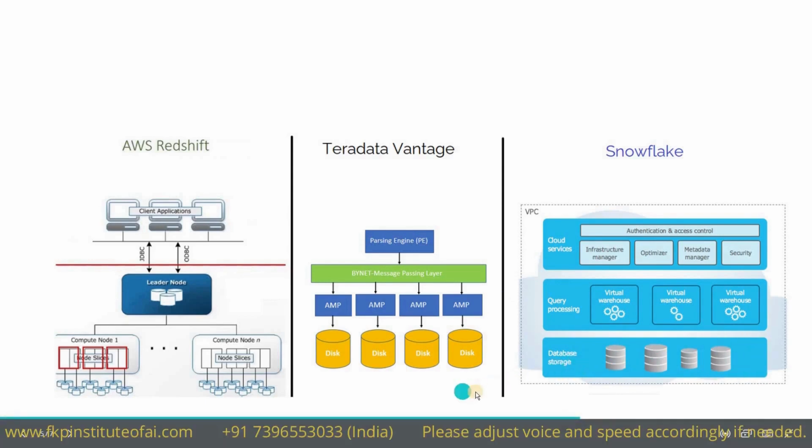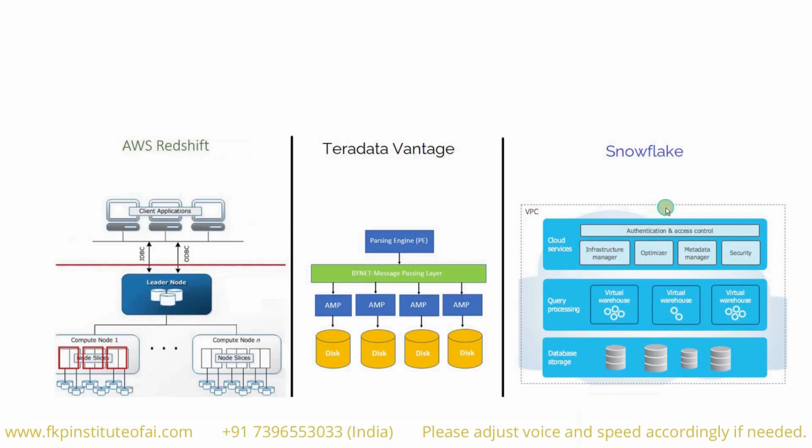Let's summarize. Whenever a user submits a query, that query will be submitted to the cloud service layer. That query will be parsed. The execution plan will be created in the cloud services layer, and that execution plan will be sent to the virtual warehouse which you have chosen to use. Then the virtual warehouse has a number of threads.